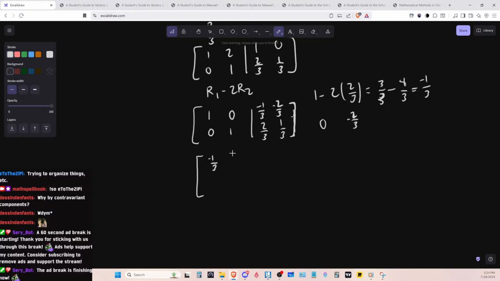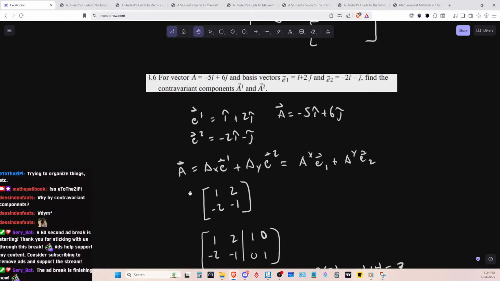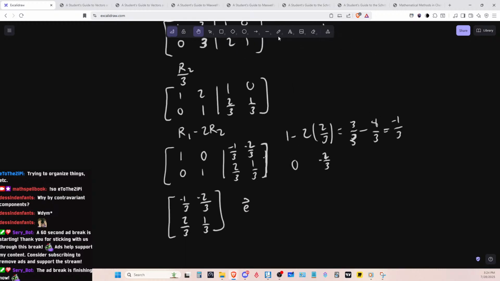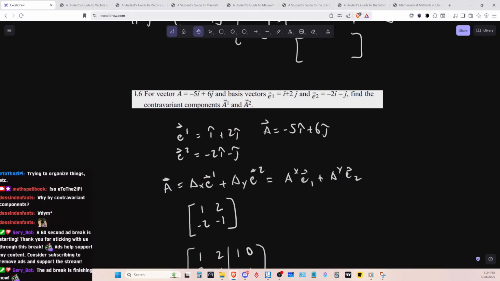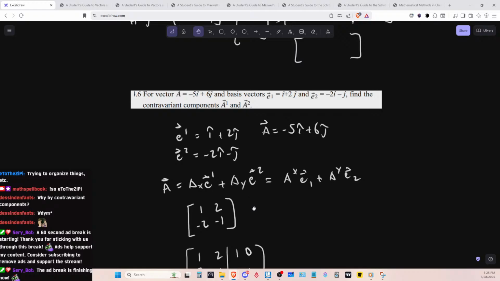Basically, since this is considered the inverse, the way the components would look like, because this one, contravariant is supposed to be like rows.